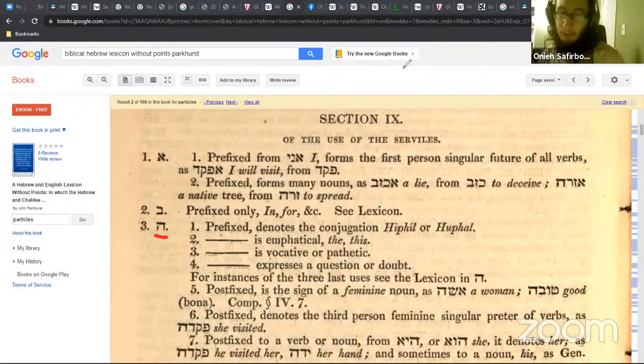So those workers are preparing food for others. They would cause others to eat. Therefore, you'd use the hey at the beginning of the verb. When you add hey at the beginning of the verb, it's not you eating, it's you causing others to eat.